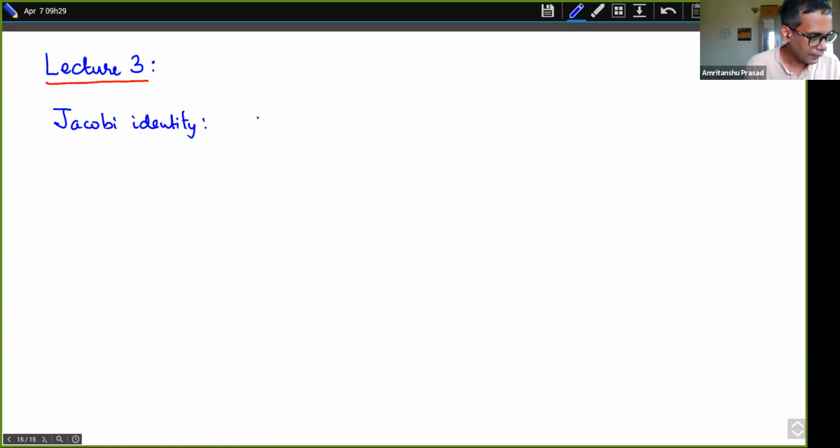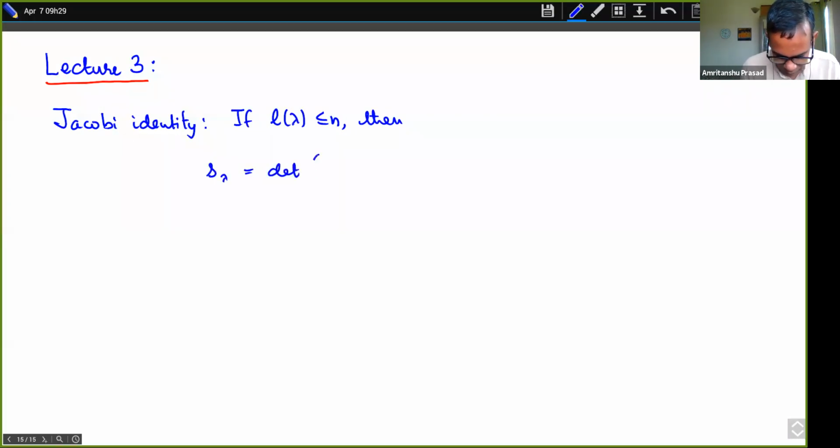And it says that if lambda has less than or equal to n parts, then s_lambda can be written as the determinant of h_{lambda_i - i + j}. And this should be regarded as an n by n matrix.